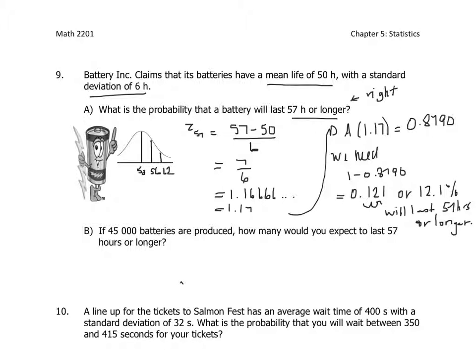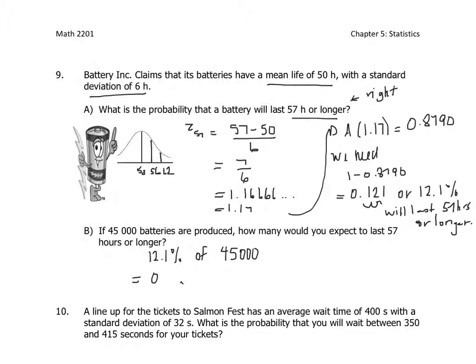It says if 45,000 batteries are produced, how many would you expect to last 57 hours or longer? Again, we just figured that out in part A: we would expect 12.1% of the 45,000 to last longer than 57 hours.